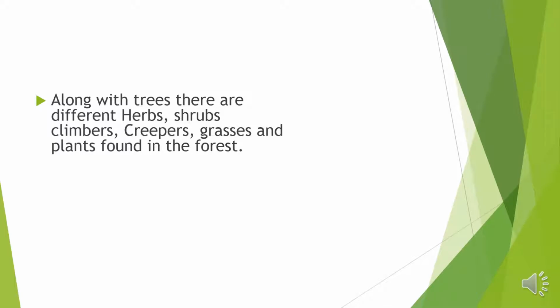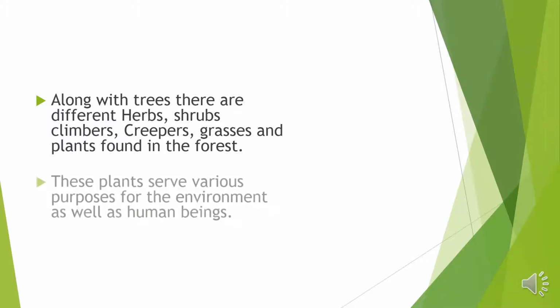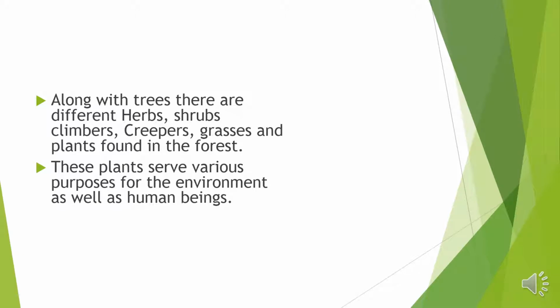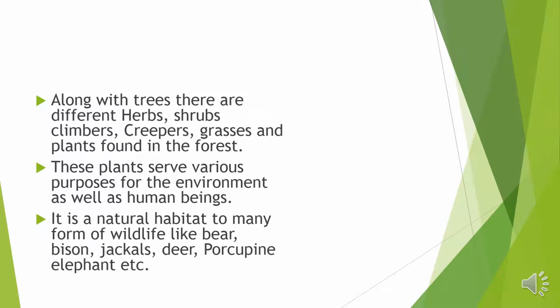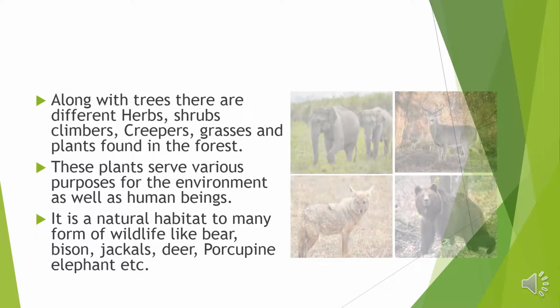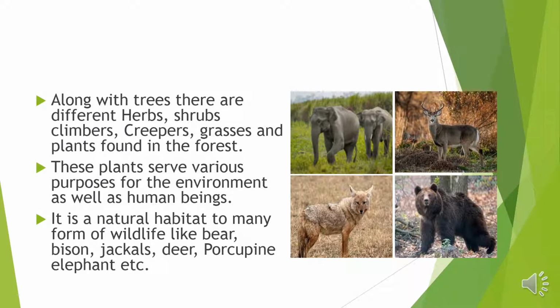Along with trees, there are different herbs, shrubs, climbers, creepers, grasses, and plants found in the forest. These plants serve various purposes for the environment as well as human beings. It is a natural habitat to many forms of wildlife like bear, bison, jackals, deer, porcupine, elephant, etc.